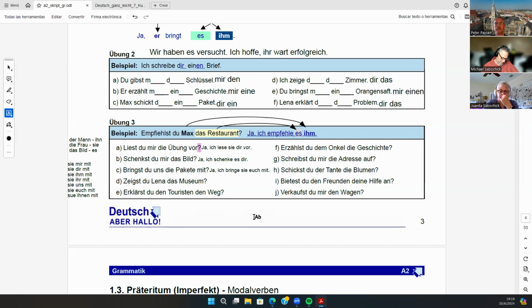Siehst du. Okay. Zeigst du Lena das Museum? Museum. Okay.